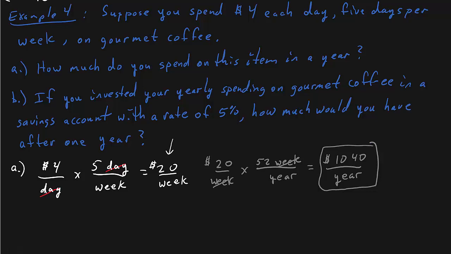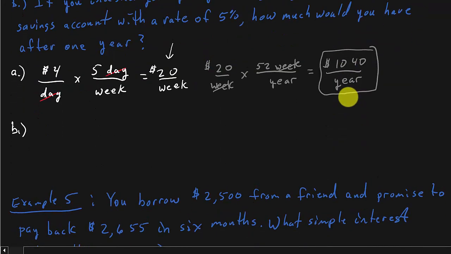All right, so now for part B, it says, if you invested your yearly spending on gourmet coffee in a savings account with a rate of 5%, how much would you have after 1 year? All right, so they want to know how much will we have total at the end of that year.